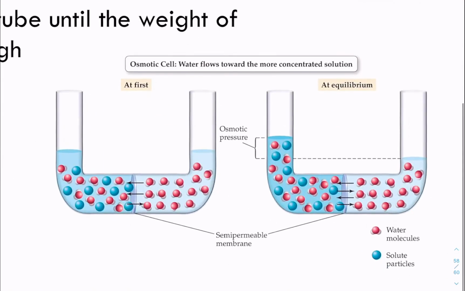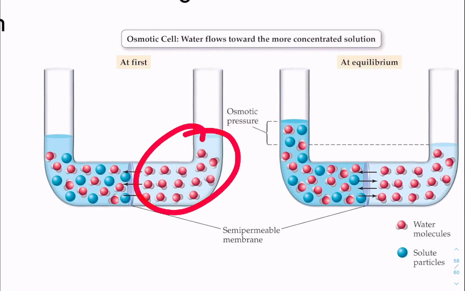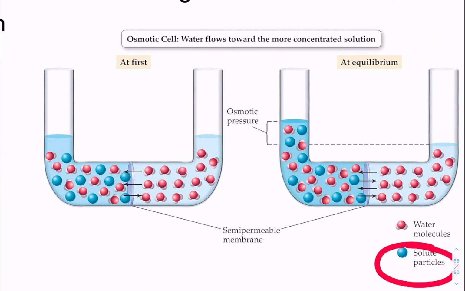So this is called osmotic pressure. On this side, we have lots of water molecules, but no salt molecules, or solute. So they flow across this membrane that doesn't let the salt through, just the water. And it actually raises the level of the water on the one side and decreases it on the other side.